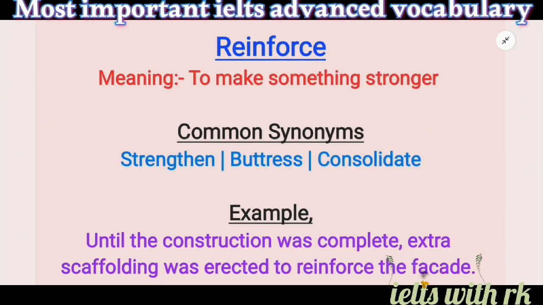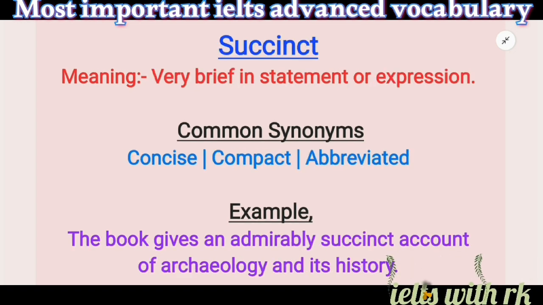Reinforce. To make something stronger. Strengthen. Buttress. Consolidate. Until the construction was complete, extra scaffolding was erected to reinforce the facade. Succinct. Very brief in statement or expression. Concise.